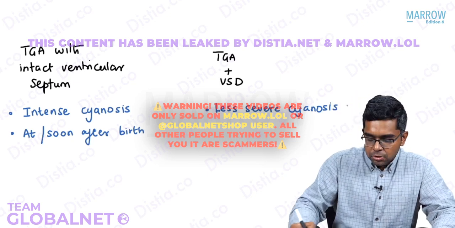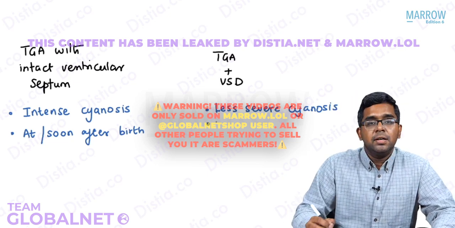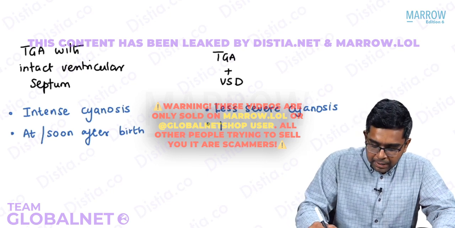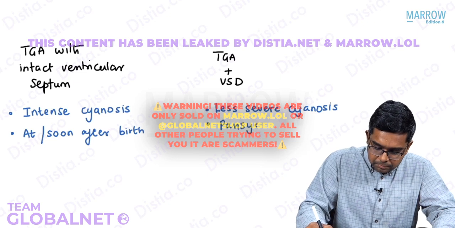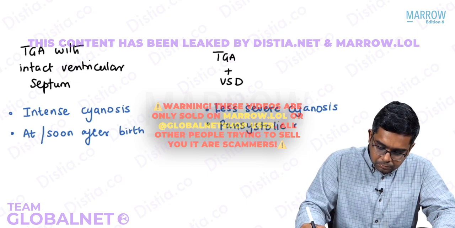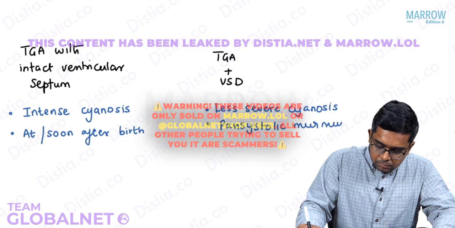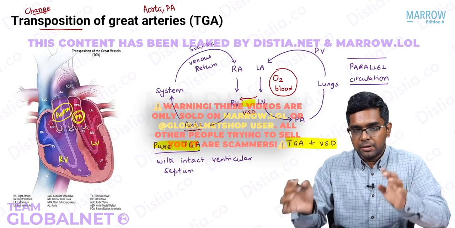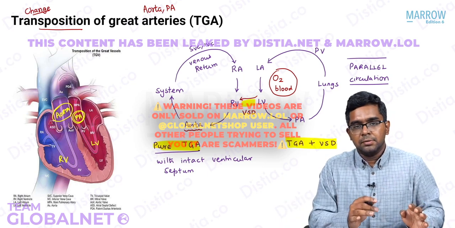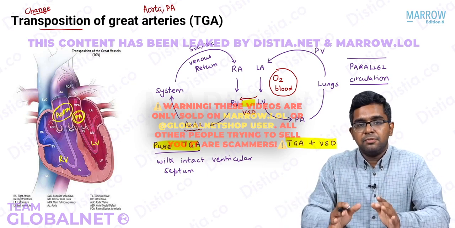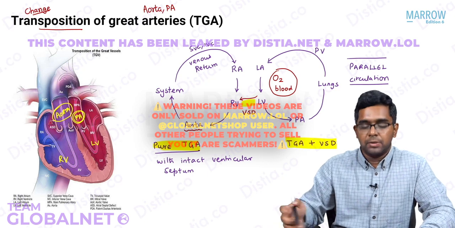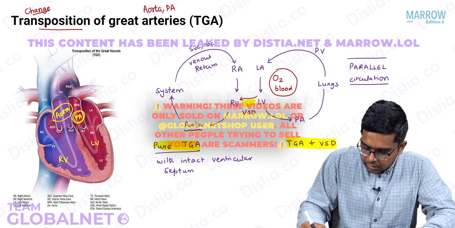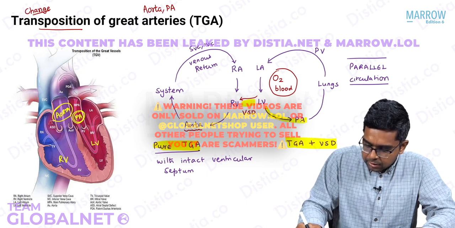And because of the presence of the ventricular septal defect, when you examine these patients, you will have the classical finding of a pansystolic murmur. What is the other feature? I said some blood from the left ventricle goes into the right ventricle, but the majority of the blood from the left ventricle will follow the natural path only. What is the natural path here? From the left ventricle, it is majorly entering the pulmonary artery.